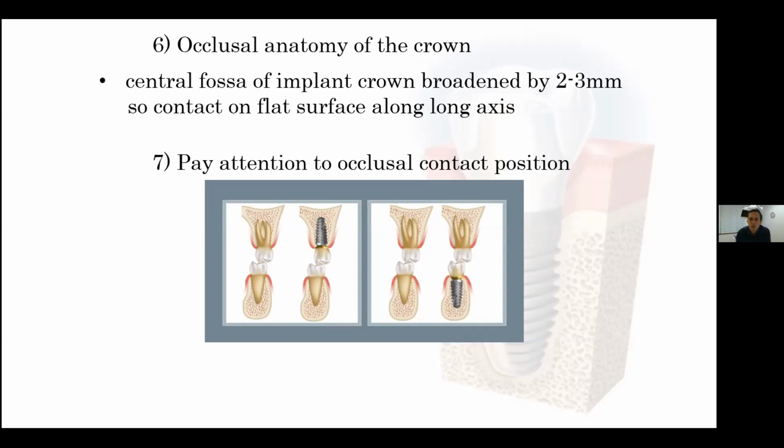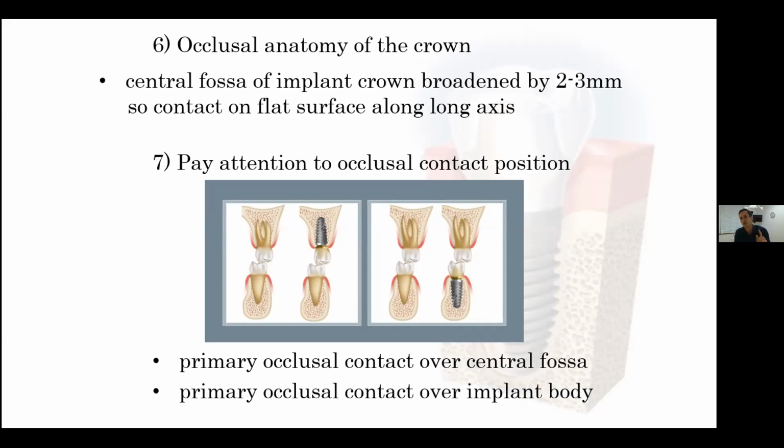You make sure that on the crown that you are planning before you place the implant, those contact points are over the central fossa. And then you make sure that that central fossa is over the implant body. In other words, your primary contact position should be directly over the implant body so that those forces can carry down the long axis of the implant. And this can now be done accurately because of digital planning. We can plan our contact point and work backwards from that.